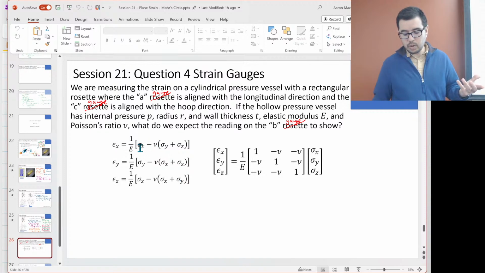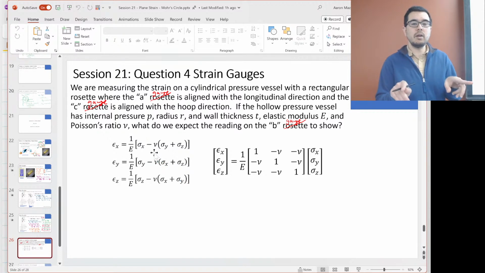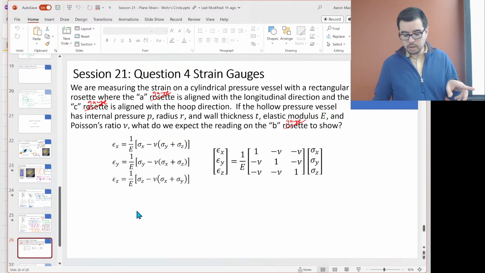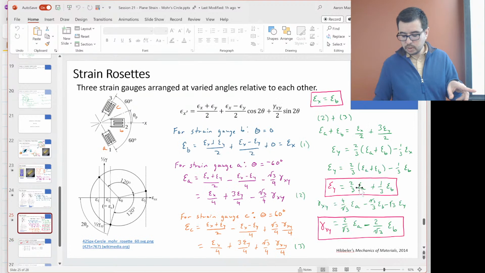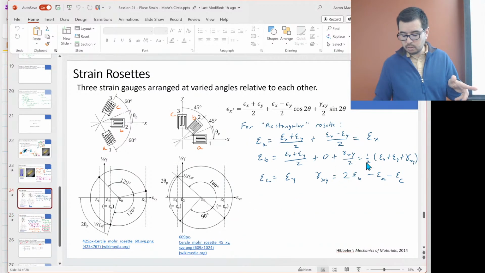In one case you'll have PR over T and PR over 2T here. In another case, there'll be a PR over 2T and a PR over T. So we figure out what epsilon X and epsilon Y are, and then we can plug them into, not this one, because that's the 60-degree one, but this equation, and that's what epsilon B is going to be.